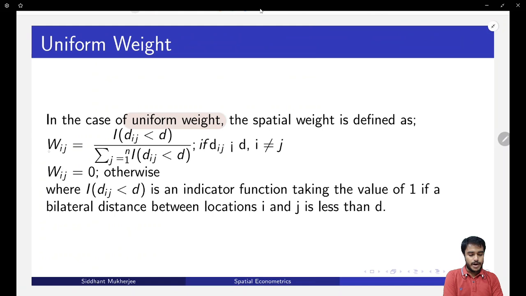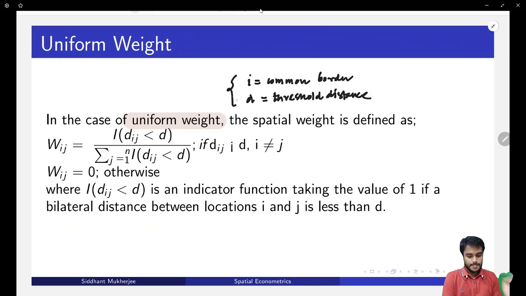Now the question that comes to mind is, what is d? i and j have a common border, we know that. And what is d? d is called the threshold distance. If the distance between two locations is more than d, then it is 0.